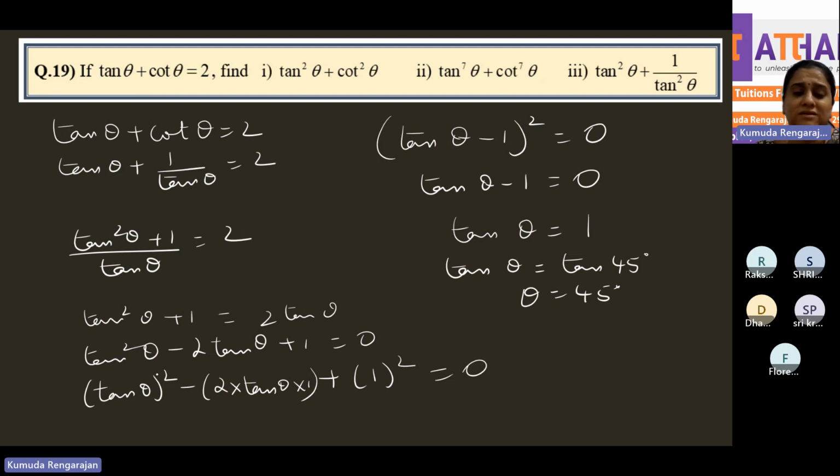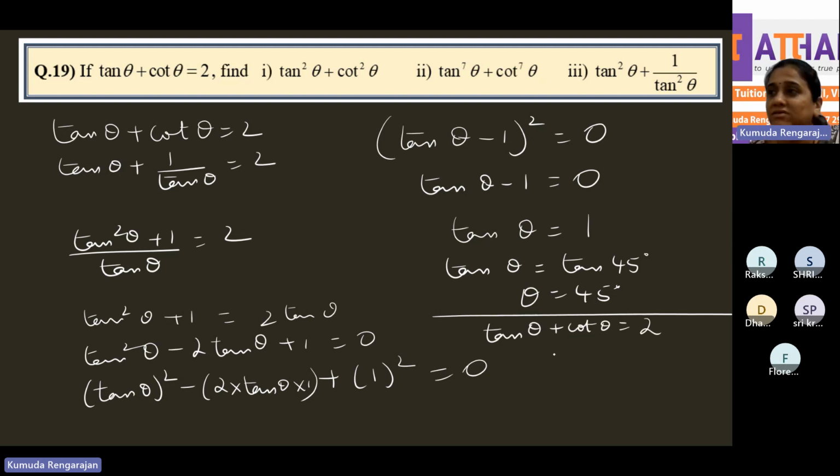But again, see here, from the equation, you can simply do it like this. If it's given that tan theta plus cot theta is equal to 2, right? That means, you're saying tan theta plus cot theta, the whole square is equal to 4?